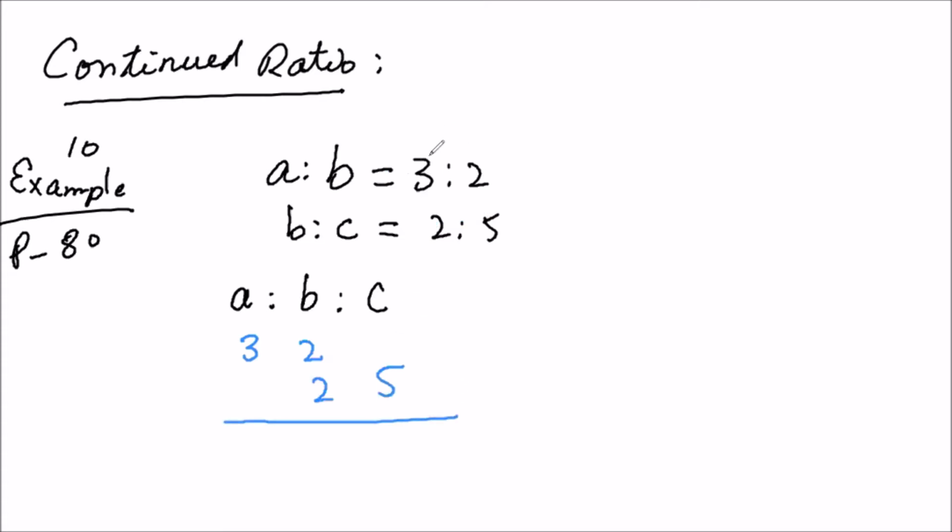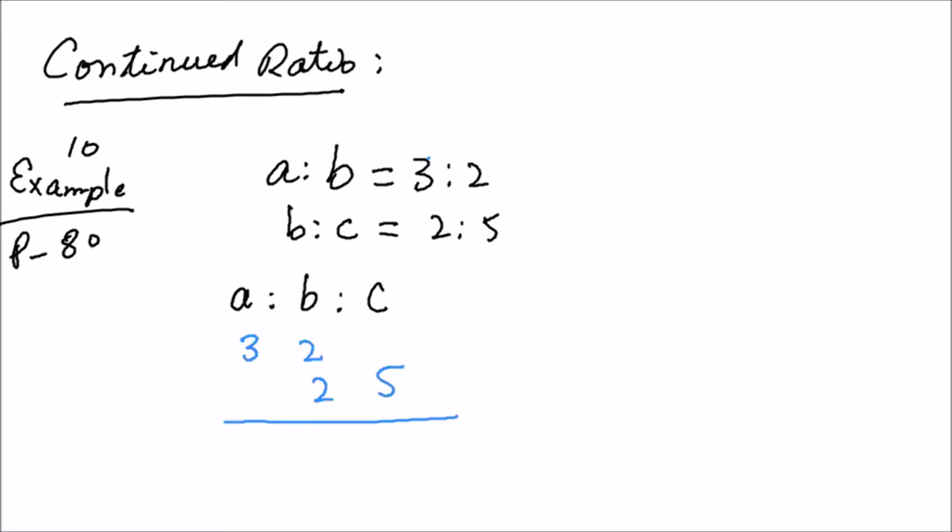Now you know that this 3 is for A, 2 is for B, again this 2 is for B, and 5 is for C. So we will write 3 under A, 2 under B, and again this 2 under B, and 5 under C.